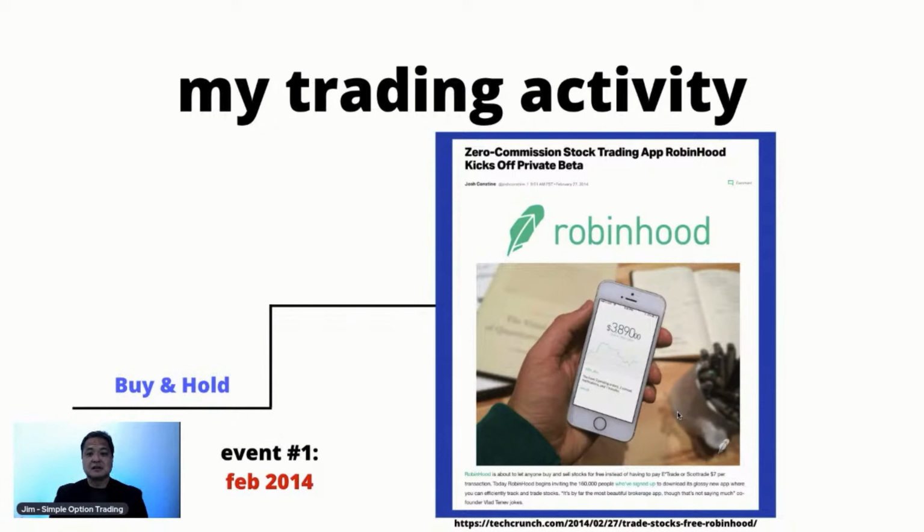You can imagine, right? Day traders could now buy and sell stocks continuously all day long and not have to worry about the commission fees, which beforehand, in January, just a month before, they were paying commissions up and down, left and right, and that ate into their profits. Well, now they didn't have to worry about it, all because of Robinhood.